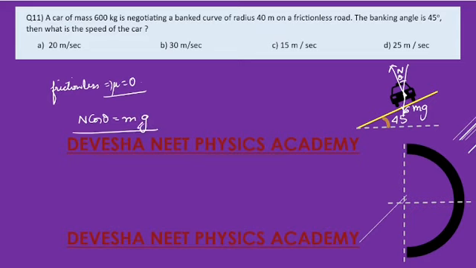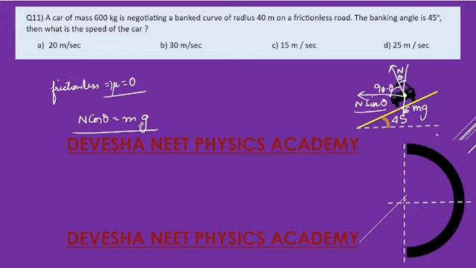And also we saw earlier the other component, n sine theta. The angle will be 90 minus theta, and n cos of 90 minus theta is nothing but n sine theta.